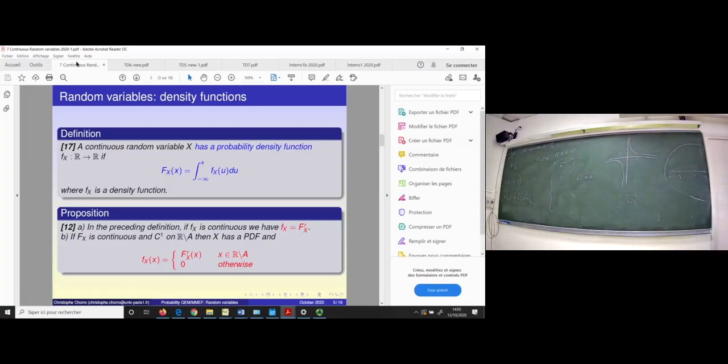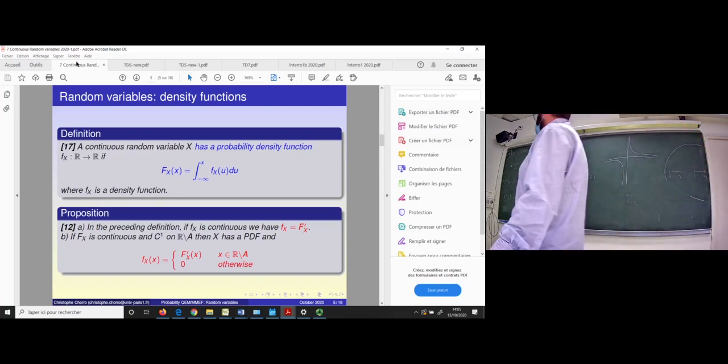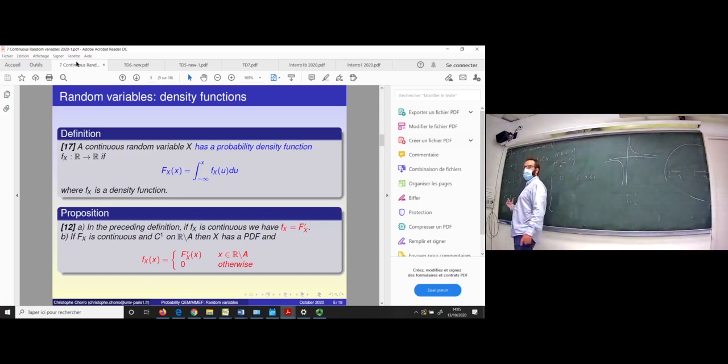Okay? Because I know that 1 over x1 takes values in 1 to plus infinity. So the probability that it will be less than the minimal value it can take is 0.